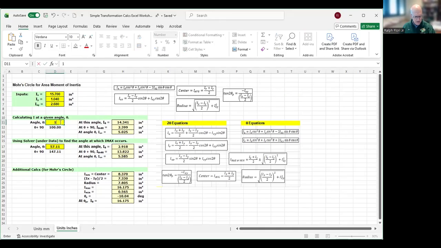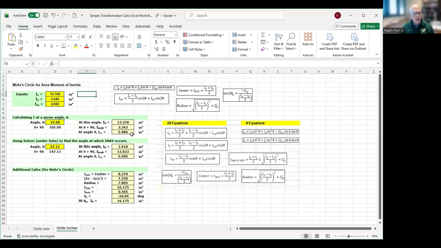If you plug in 15 degrees here and enter, you get I at 15 is 13.4, which is what we got. 90 degrees plus that, which was I Y prime, or you could call it IV, or I at 105, is I equals 3.36.